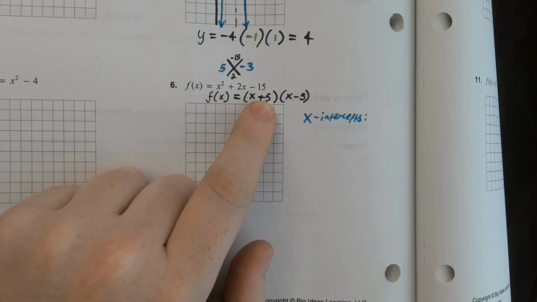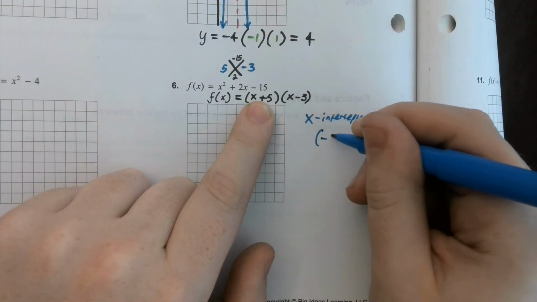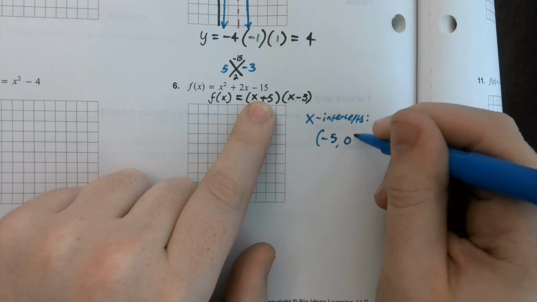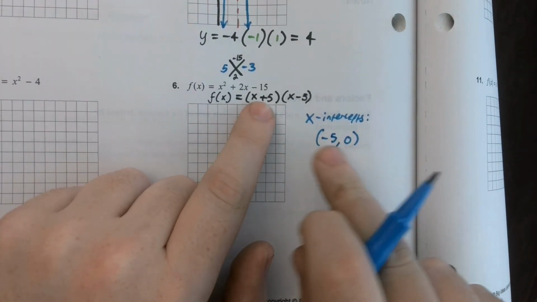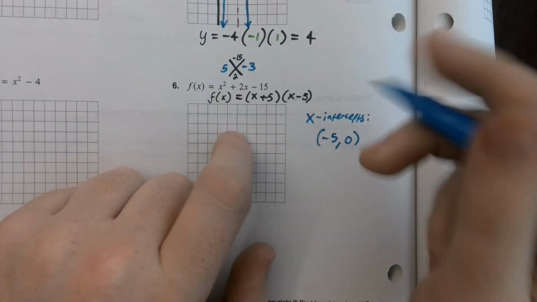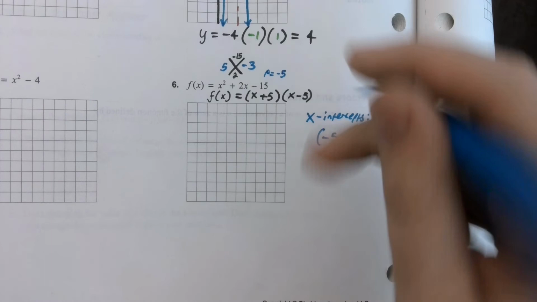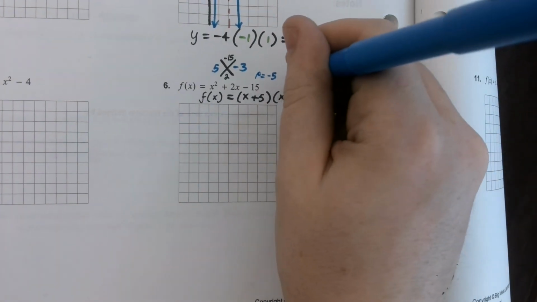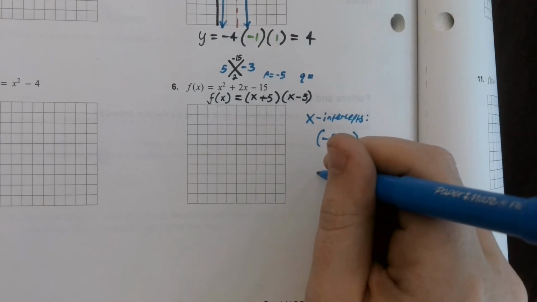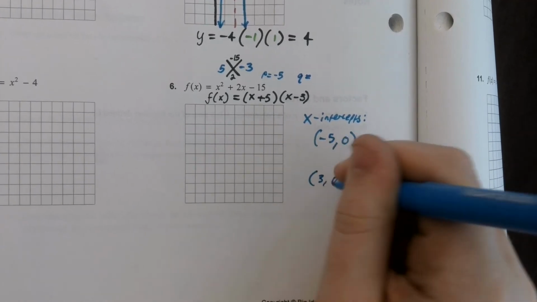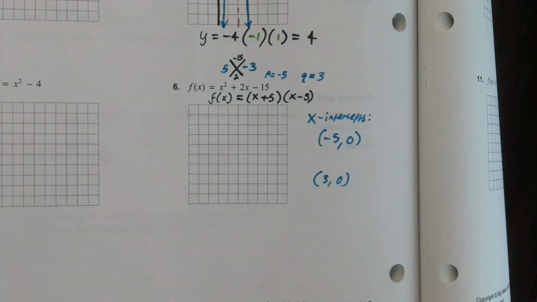What plus 5 is 0? Well, obviously, -5. -5 plus 5 will give you 0. So one of our x-intercepts is -5, 0. Our p-value is -5. What's our q value? What minus 3 will give you 0? Well, 3 minus 3 gives you 0. So our q value is 3, and our other x-intercept is at 3, 0.